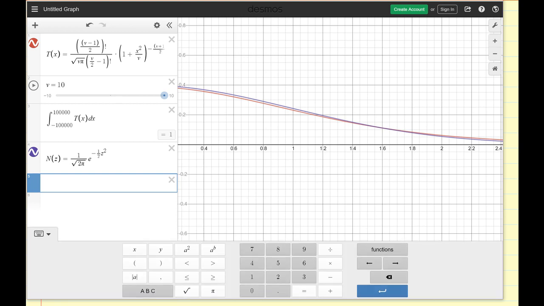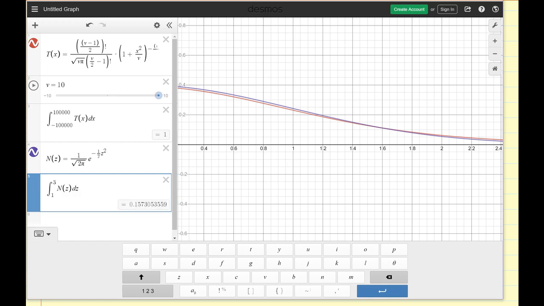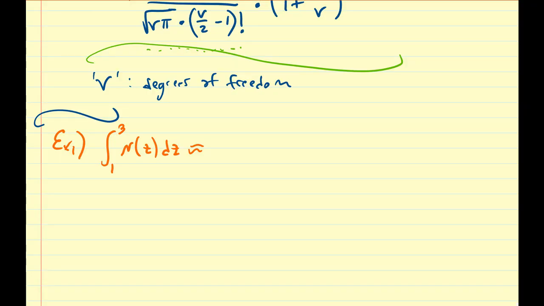Let's calculate the integral from 1 to 3 of the standard normal distribution, and we get 0.1573. So this is going to be a comparison value.